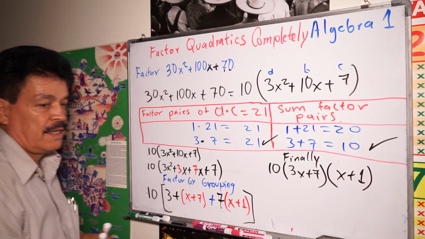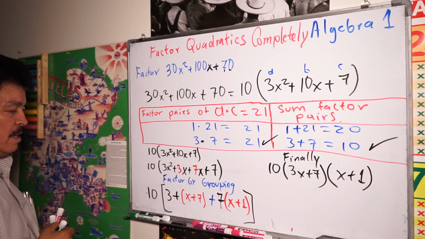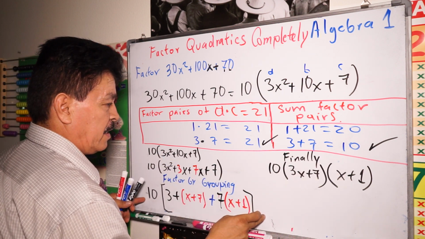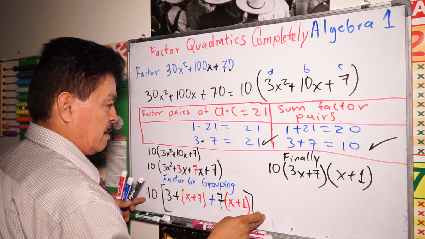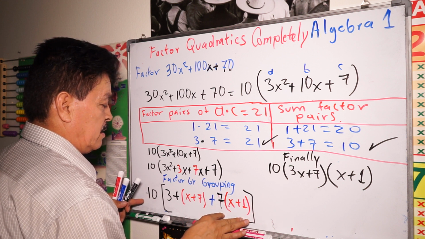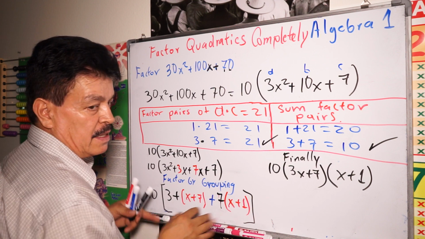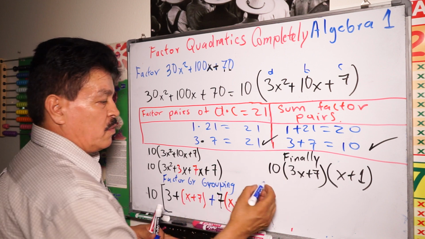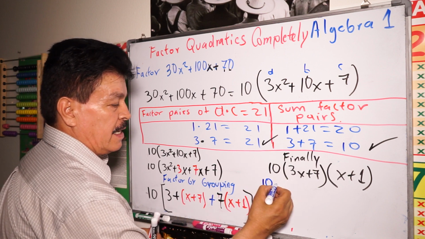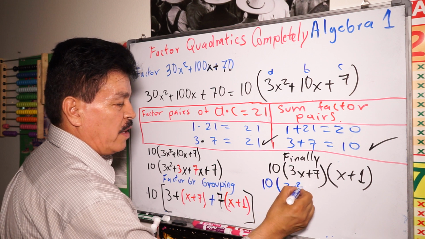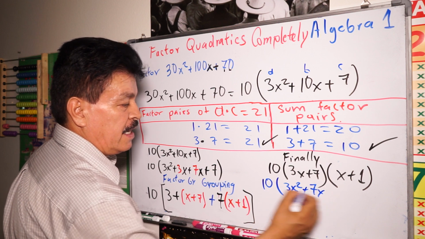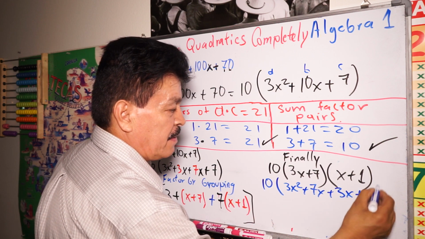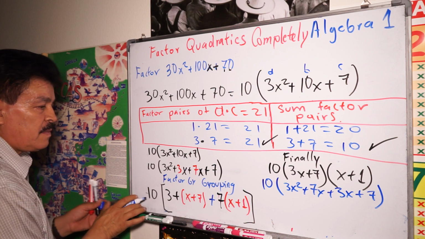Actually, it's not the last step, but when you simplify, you are going to have 3x squared plus 7x plus 3x plus 7. Almost finished.